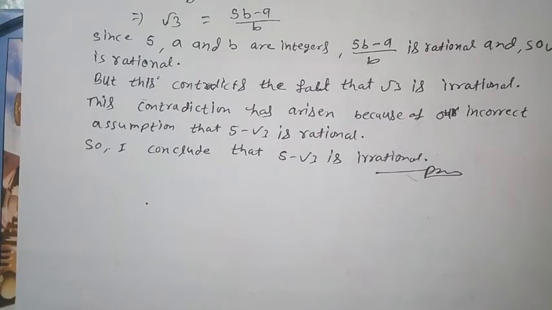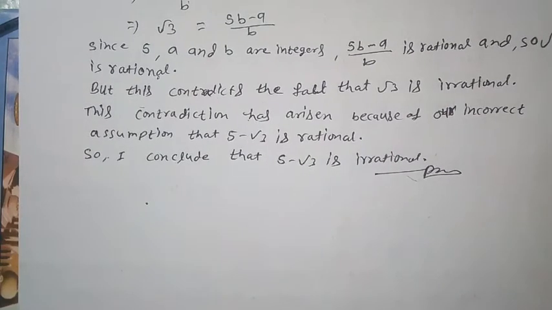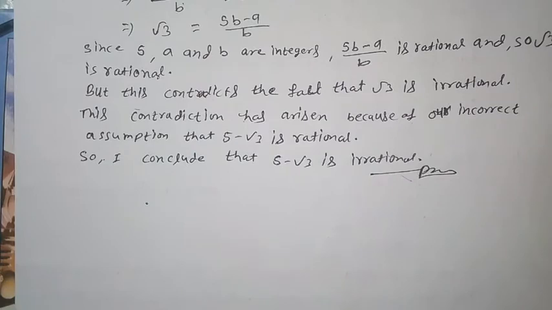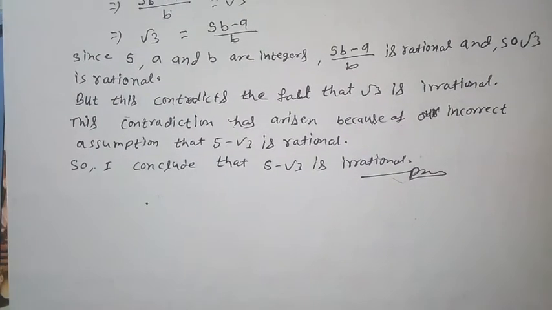Now I start exercise 1.4, but first let us discuss some terms. In this chapter there are two terms: first, terminating decimal, and second, non-terminating repeating decimal.